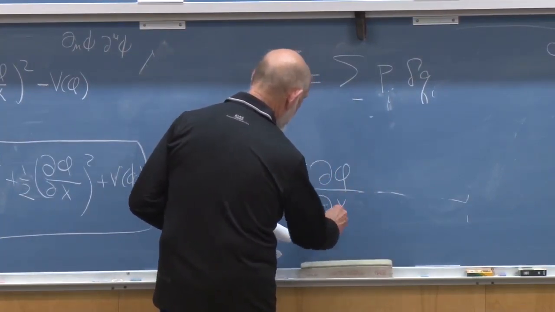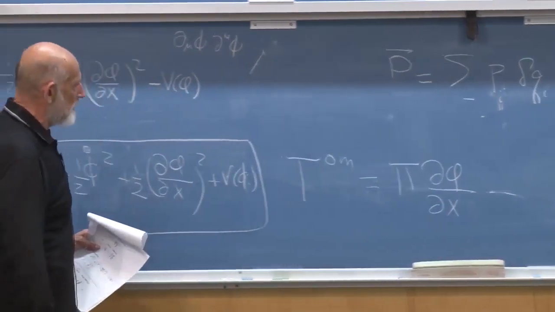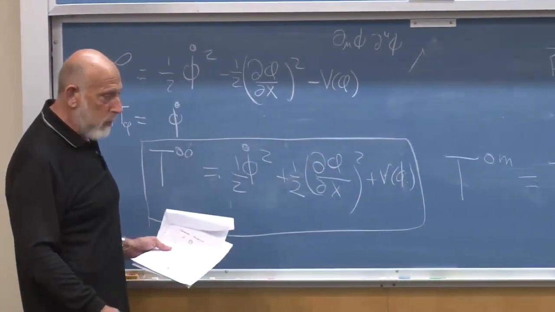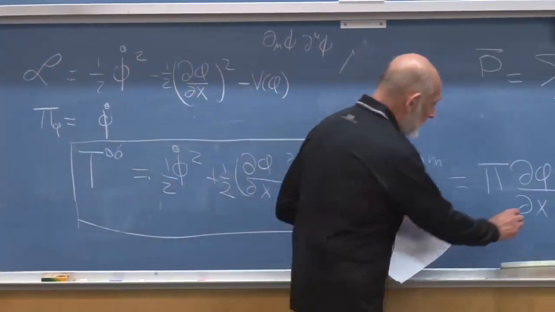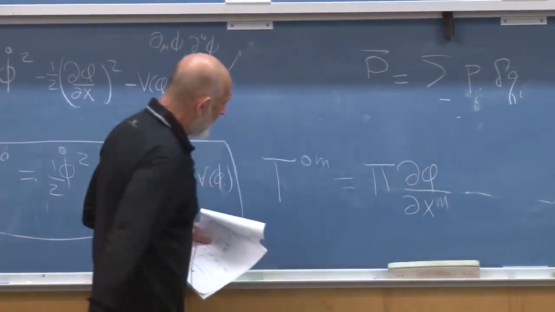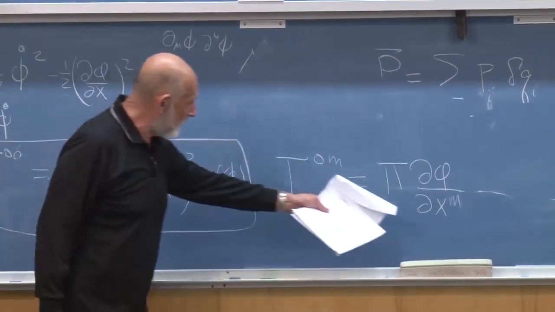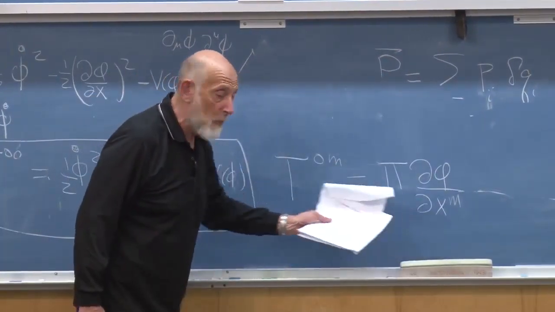I'm sorry I erased it before I rewrote it, but that's what it was. Which x? x m. If we're talking about the x component, then this is x. If we're talking about the y component, it's y, and so forth.